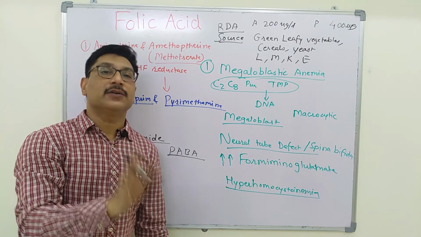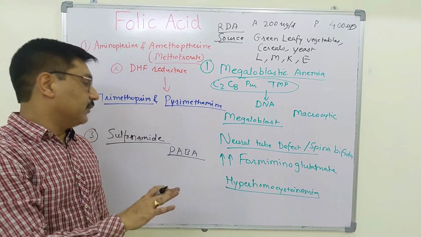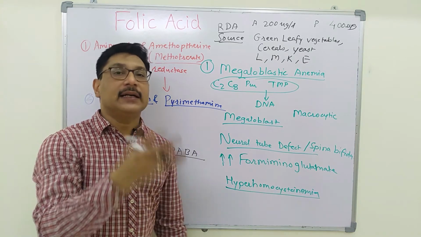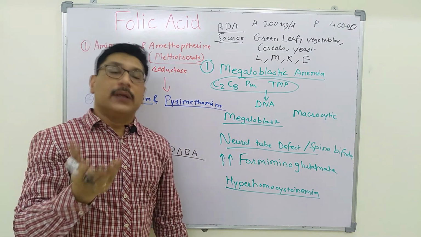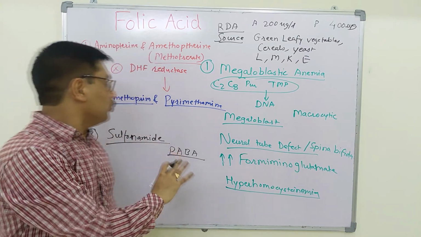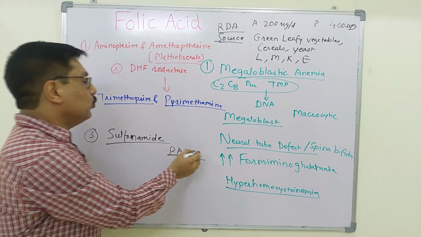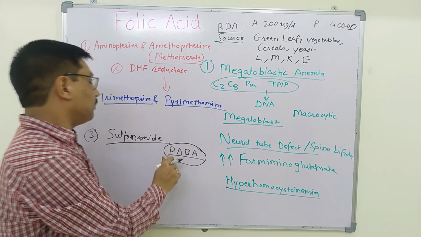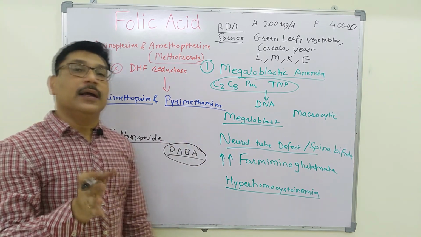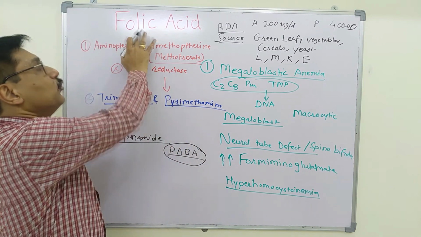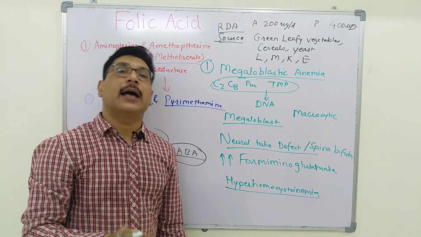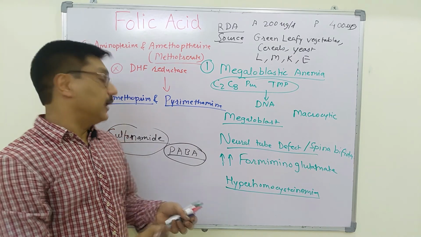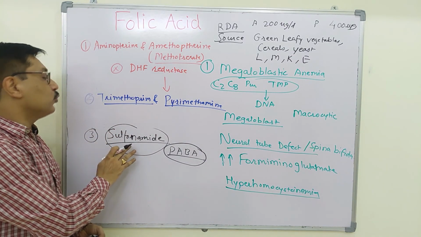Synthesis of folic acid occurs in bacterial cells, not in human beings. We directly consume folic acid in the food. So humans are not affected, but because incorporation of para-aminobenzoic acid into folic acid is inhibited with the help of sulfonamide, the bacteria cannot multiply and hence it is a bacteriostatic drug.